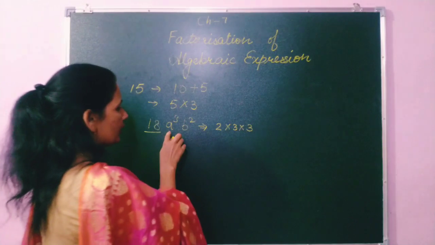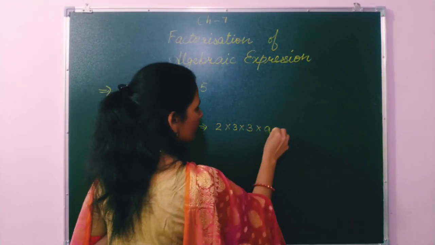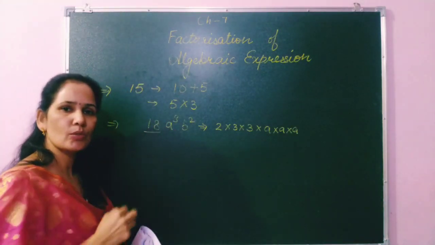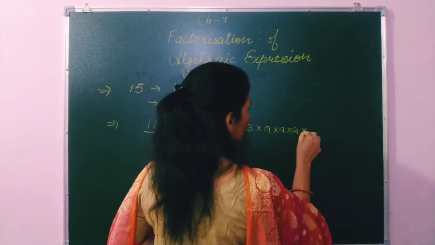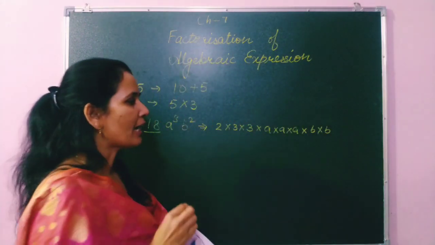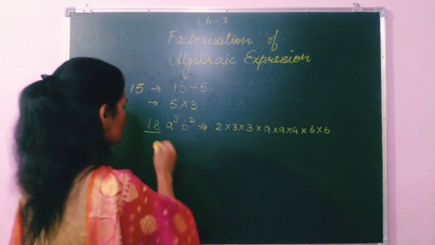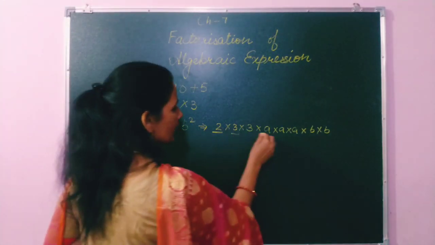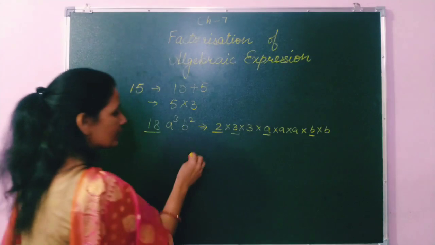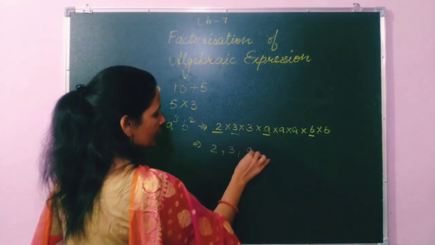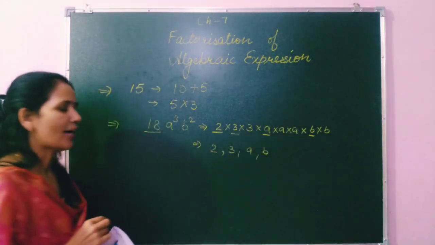Then after that, a cube we can write as a multiplied 3 times itself. Then b square we can write, students, as b into b. And if we have to find the common factor that easily divides this number, that is 2, 3, a and b. So students, here we can say 2, 3, a and b are the factors of 18a cube b square.